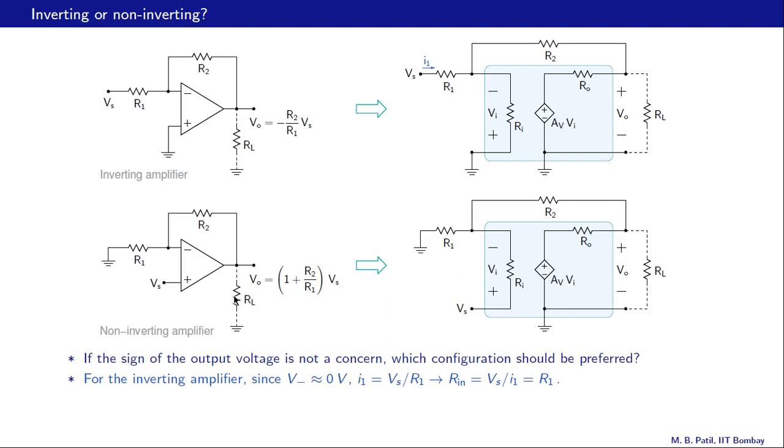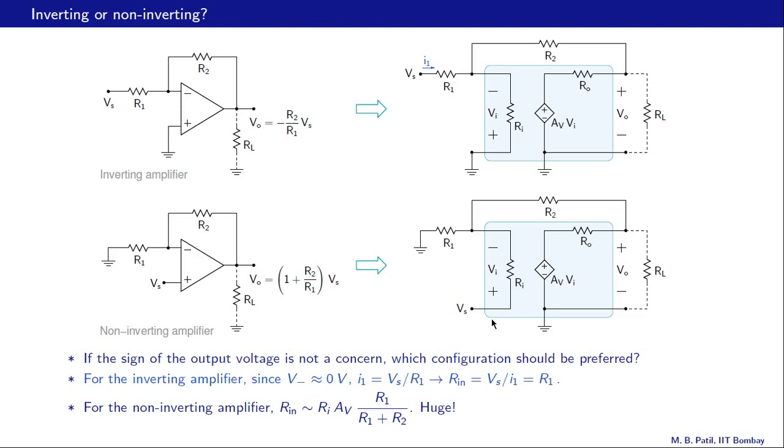In this case, the input voltage is applied at the non-inverting input of the op amp, right there. And now we can see that this voltage source will see a large resistance, because this Ri is very large, typically something like mega ohms.